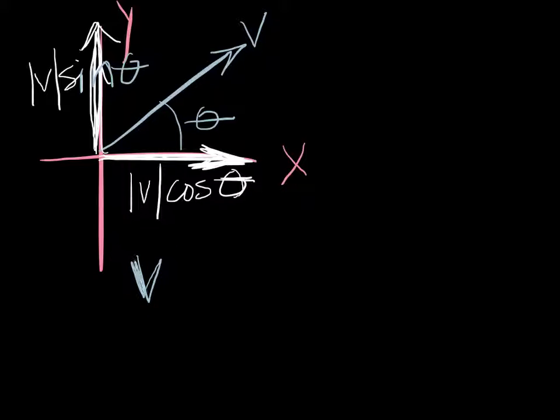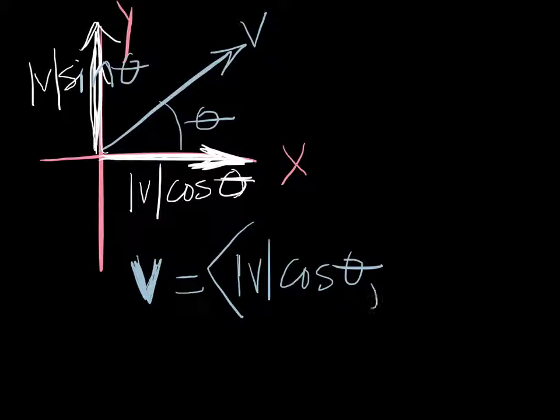Vector v, which is bold in your notes, can be split into components, written in component form, as the magnitude of v times cosine theta, which is like your x-coordinate, and the magnitude of v times sine of theta, which is your y-coordinate. So that's another way of writing the components of vector v.